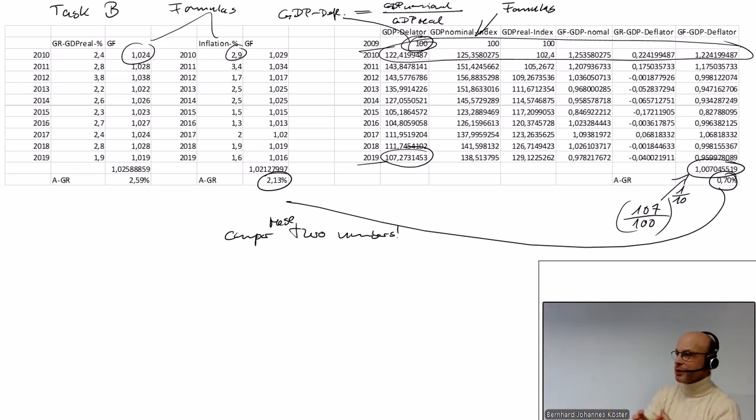Private consumption is roughly 50 to 60% of overall GDP, while the GDP deflator represents the whole economy, 100%. And therefore I'm not surprised that these numbers differ.